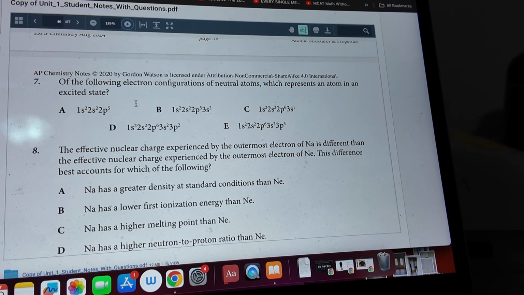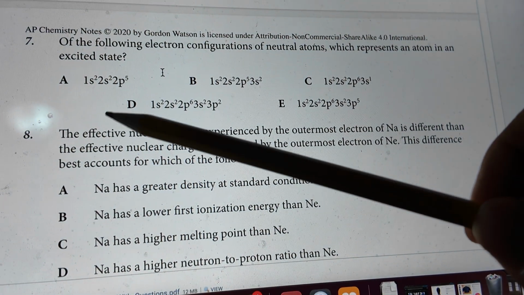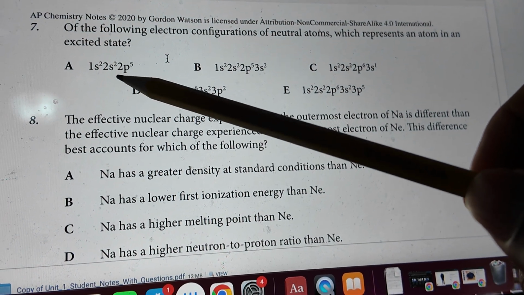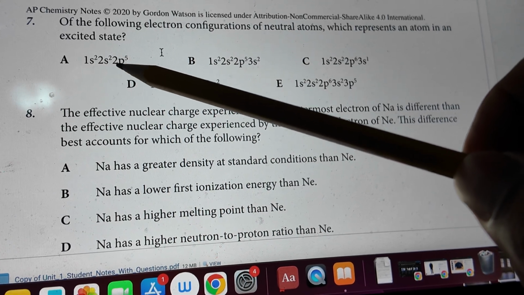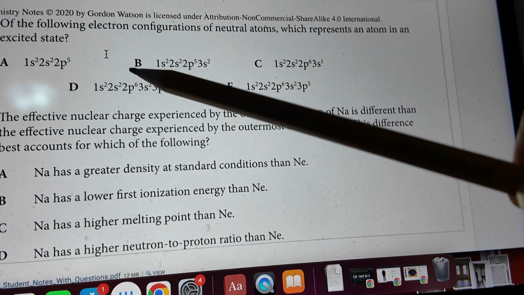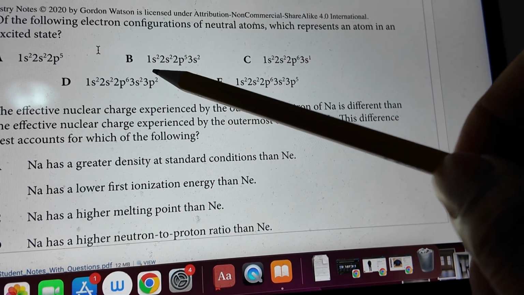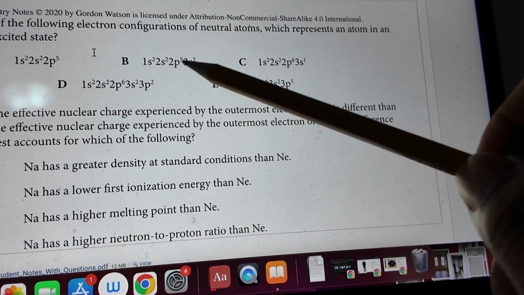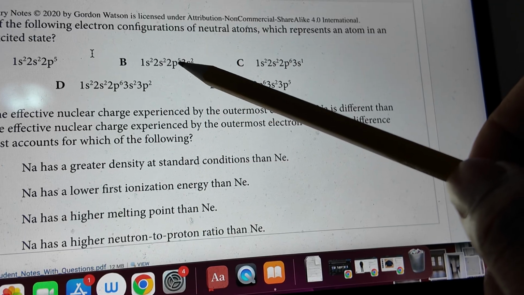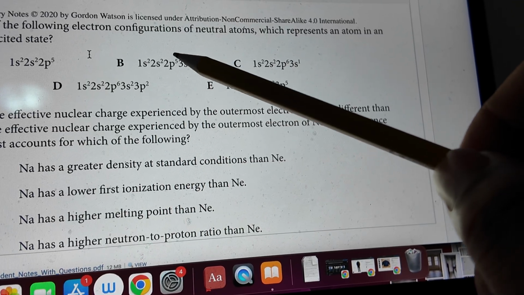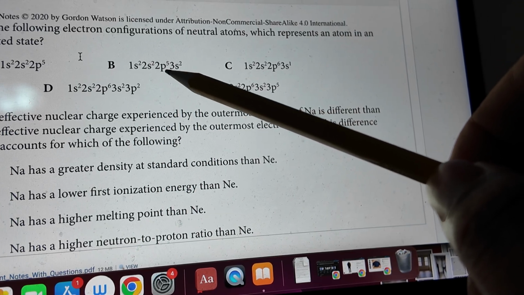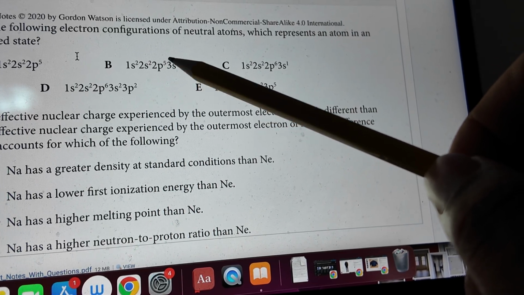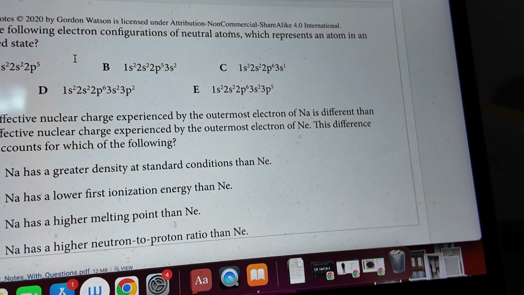And so if we look here, it's 1s2, 2s2, 2p5. These are filled. 1s2 is filled, 2s2 is filled. It couldn't be this. This is not an excited state. Now, if we look at B, it's 1s2, 2s2, 2p5. Why isn't this a 6? So this is the one that's in an excited state because the electron that should be in the 2p6 has jumped up to 3s.